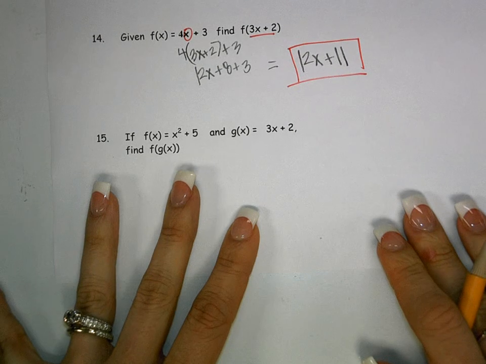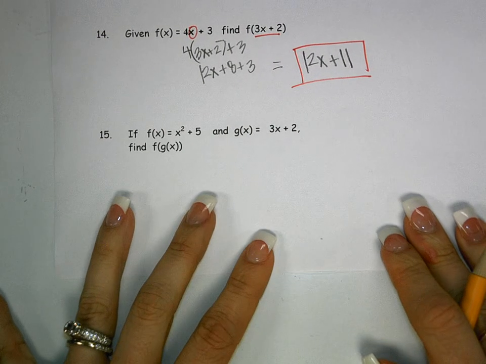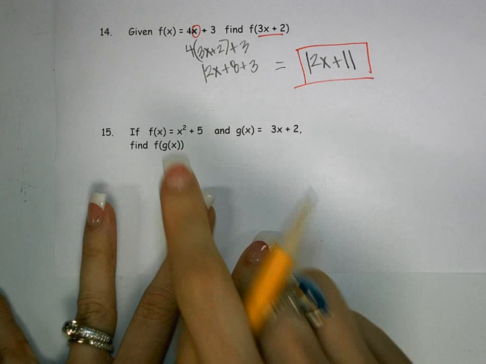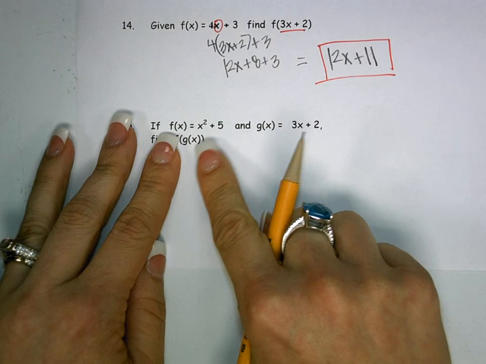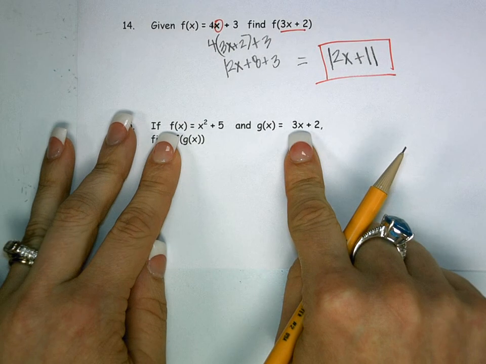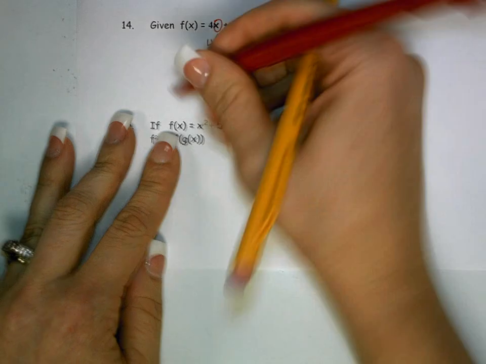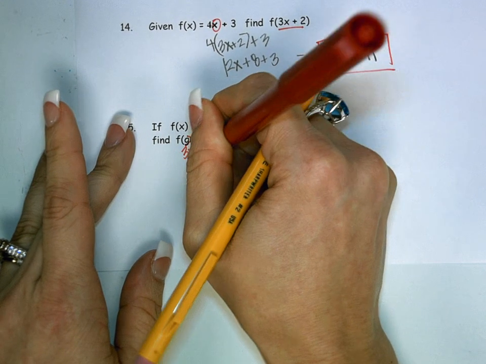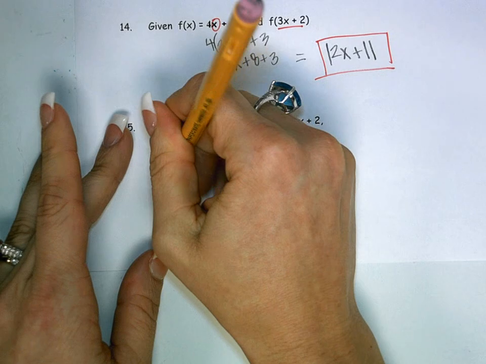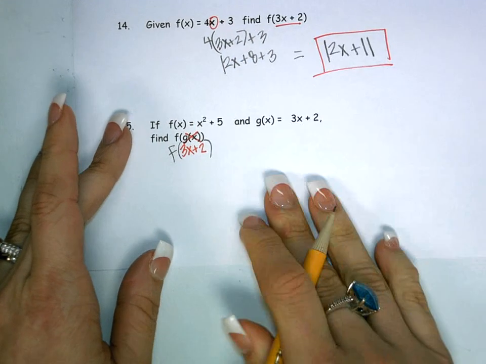For number 15, if you know f of x and g of x, I want to find f of g of x. Okay? If you go from the inside out, g of x is just equal to 3x plus 2. So I'm just going to replace g of x with 3x plus 2. Now you just need to find f of 3x plus 2.